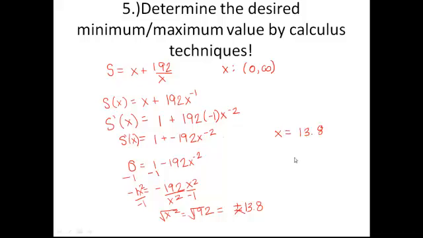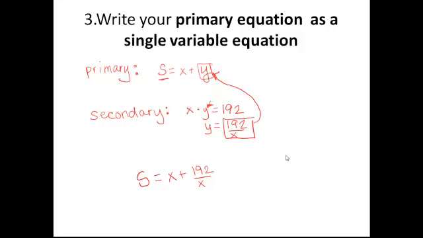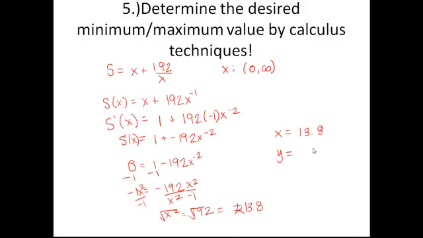So now I'm going to ask myself, what is y equal to? Well, don't forget, flashback: y was equal to 192 over x. Oops, I messed that up. But y equals 192 over x.